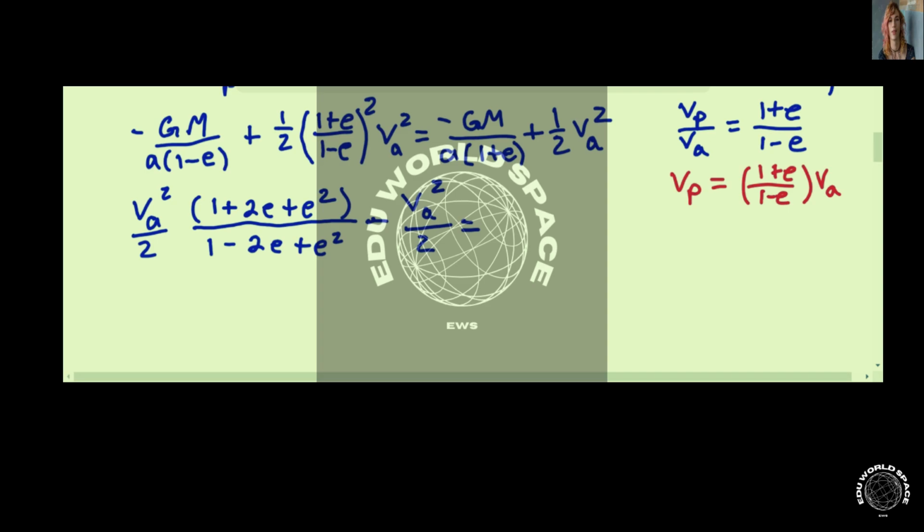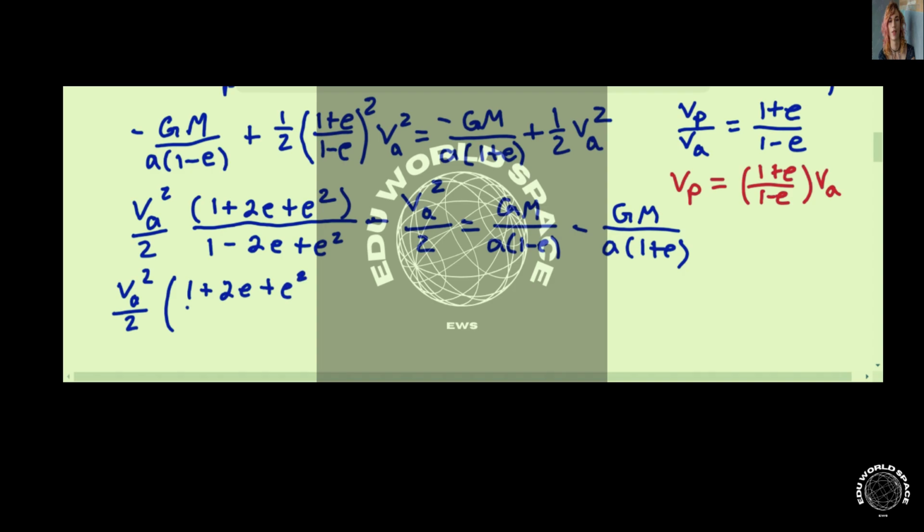equals, I'm going to get all my GMs together. So adding over the GM that was originally on the left, that's GM over A times 1 minus E, and then minus GM over A times 1 plus E. Factoring, I have VA squared over 2 times 1 plus 2E plus E squared over 1 minus 2E plus E squared.